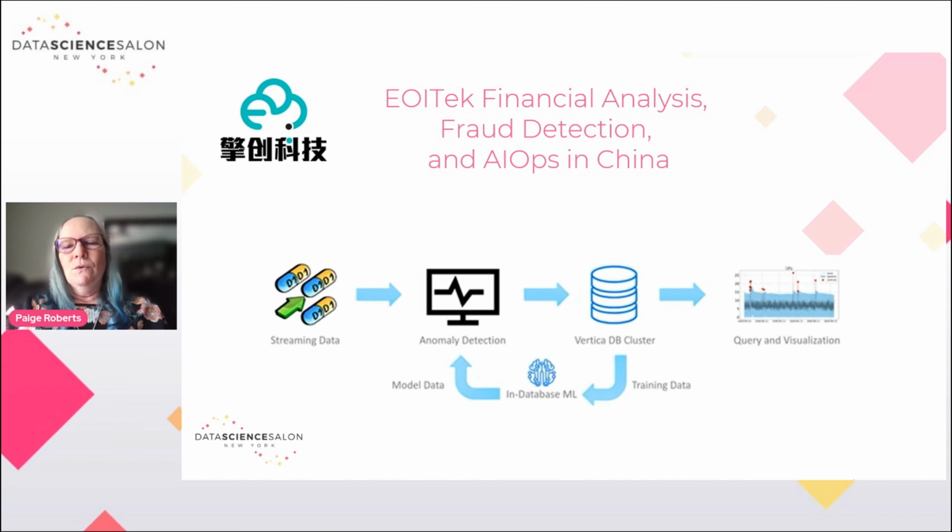So what they do is they're actually an analytics company that does all of their analysis for the financial services sector. So they do everything from plain old BI reporting to things like fraud detection and anomaly detection and security and risk analysis.